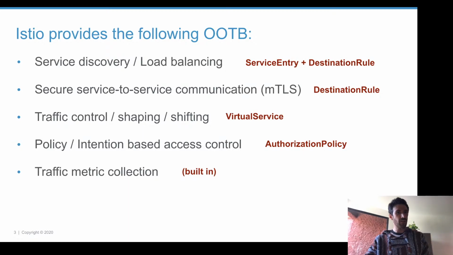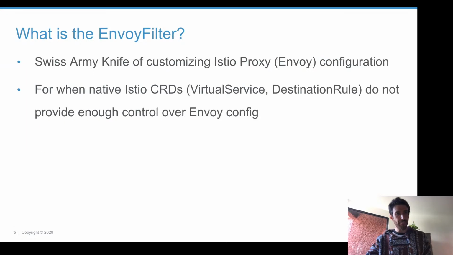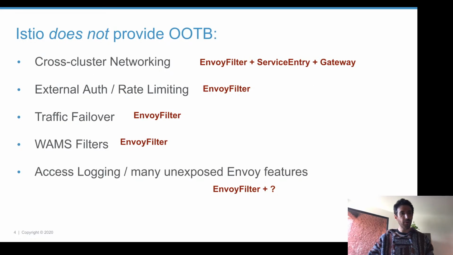So what does Istio give us to actually allow us to do it? For example, cross-cluster networking, adding external auth and rate limiting servers, performing failover between services. So let's say you have a list of services, you have a priority order so that if one fails, you want traffic to fail over to another service.